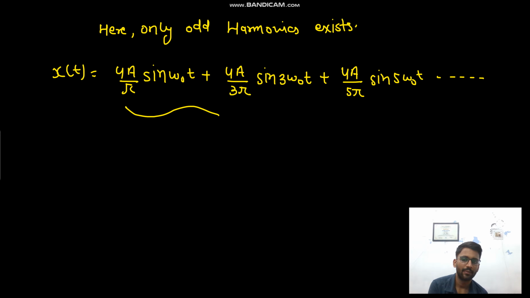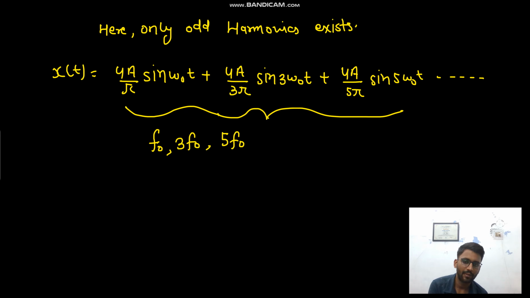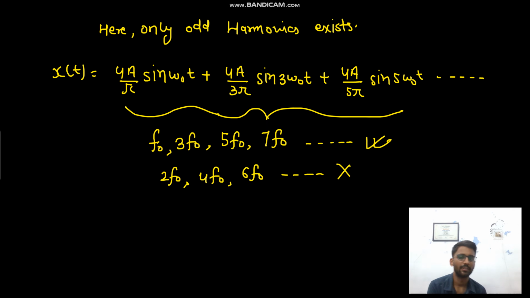So here we have f naught, 3 f naught, 5 f naught, 7 f naught, all these components. And 2 f naught, 4 f naught, 6 f naught, all these components don't exist, only these components exist.